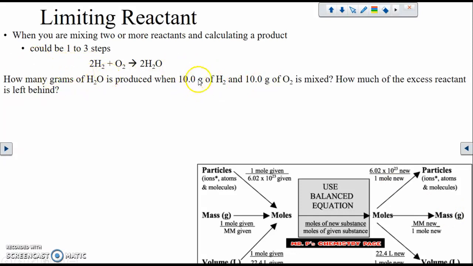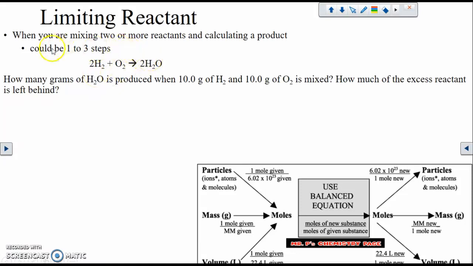One of the things we first need to do is decide which one of these is the limiting reactant. We can set up both of them with mass, and all we're doing with these two is going from mass to moles, and then to the moles of the product, water. There's a caveat to this.